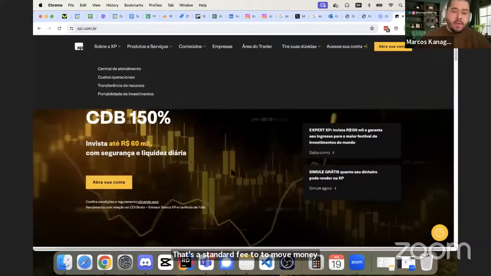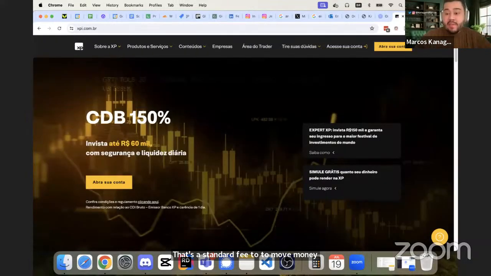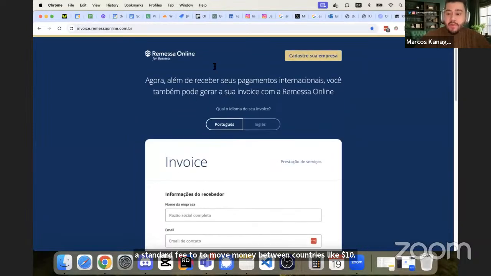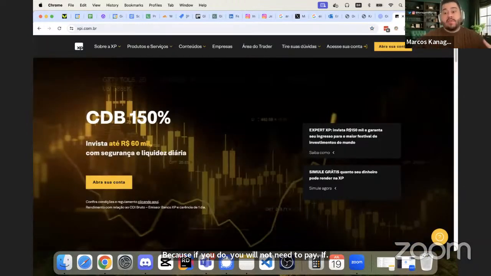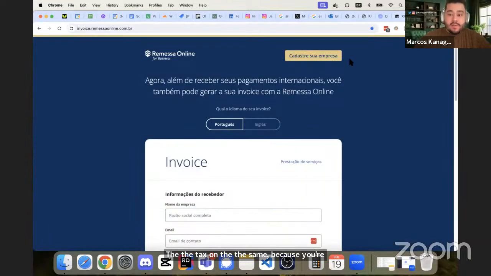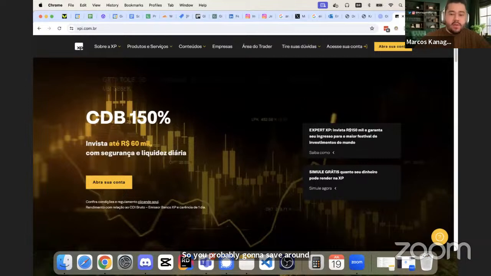Then he's going to ask if you have an invoice, because if you do, you will not need to pay IOF, the tax on the transfer, because you're exporting a service. So you're probably going to save around 400 reais, something like that. And then the money is going to end up in this account.